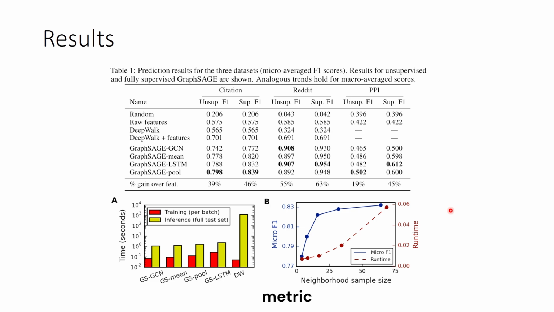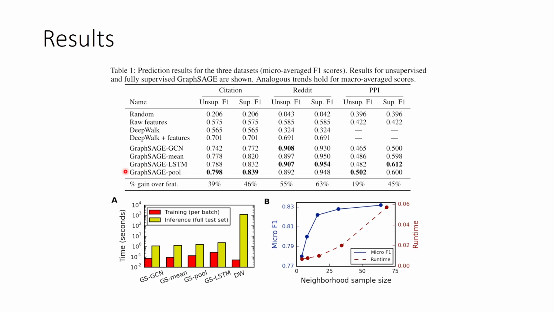So basically F1 score is a good measure of accuracy, because it takes both precision and recall into account. So we have seen the results shown in the form of F1 score.